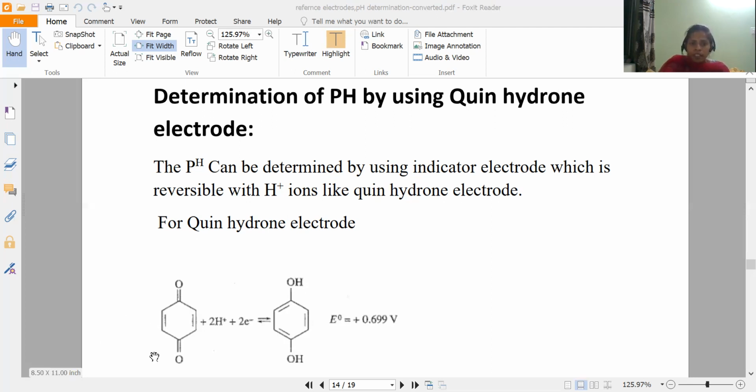Here this is quinone and this is hydroquinone. How is quinone converted to hydroquinone? By gaining two H+ ions. And hydroquinone is converted to quinone by losing the two H+ ions. So this indicator electrode is always reversible with H+ ions.